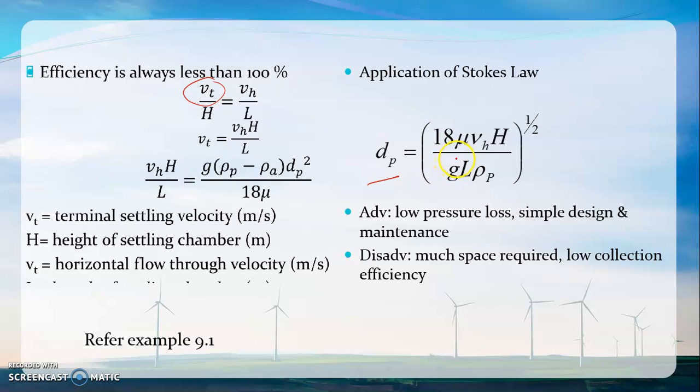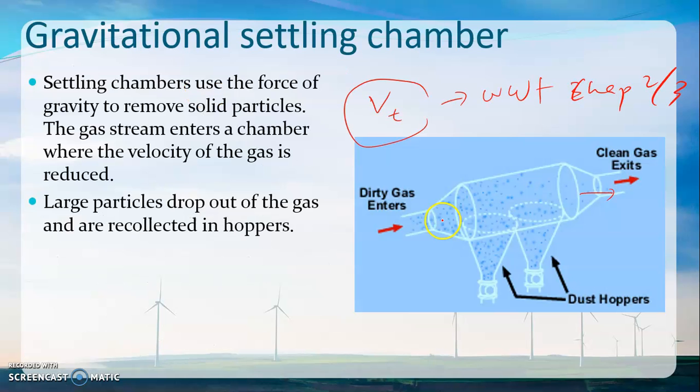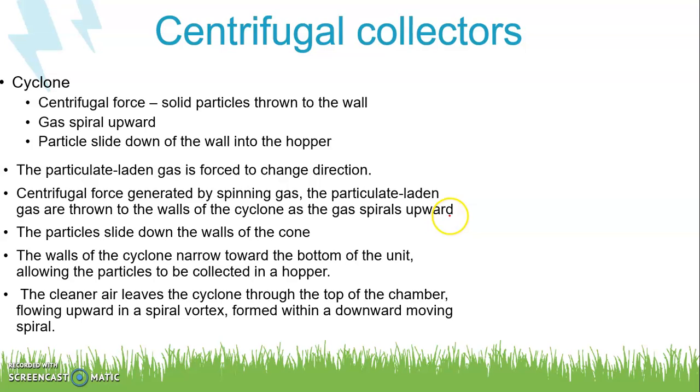This is the application of Stokes law in calculating dp, or let's say Vh or Vt, in the gravitational settling chamber. The next equipment is centrifugal collectors.